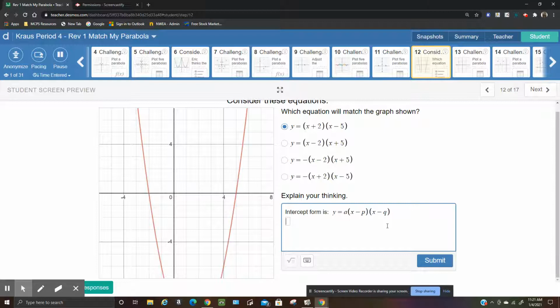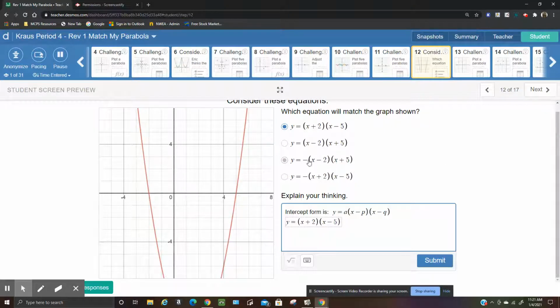So I know it's +1 because it's facing upward. So x minus -2 would be x plus 2, and x minus 5. So it's the first one.